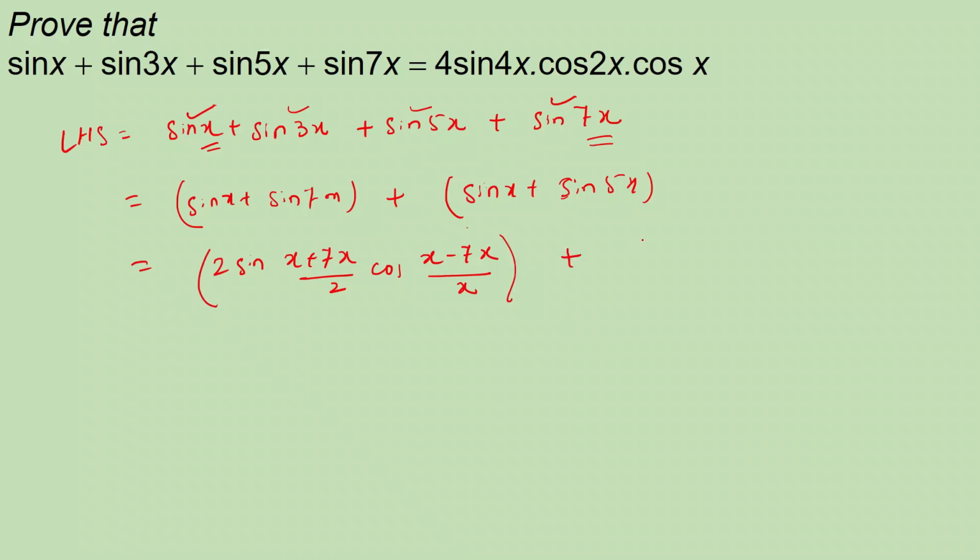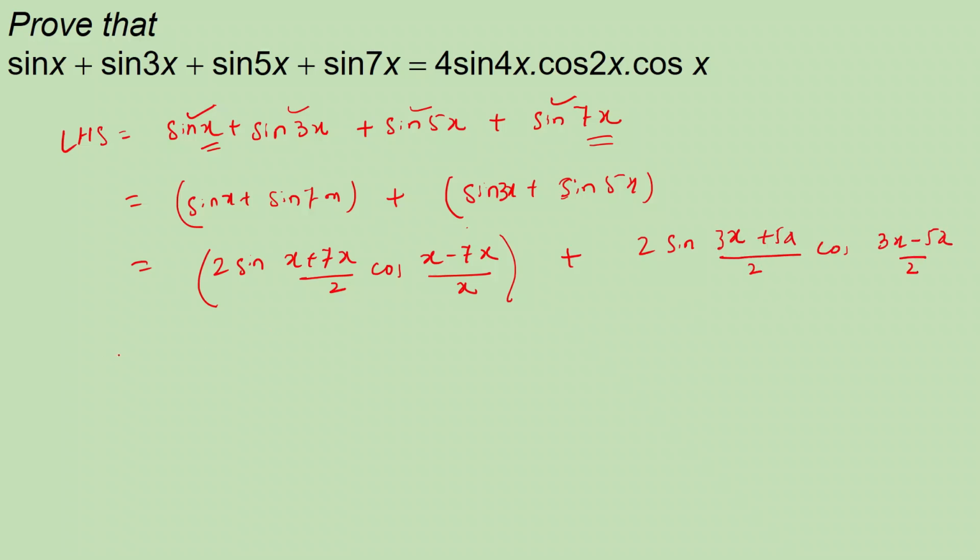Now sin 3x plus sin 5x is again 2 sin of c plus d by 2 cos of c minus d by 2.